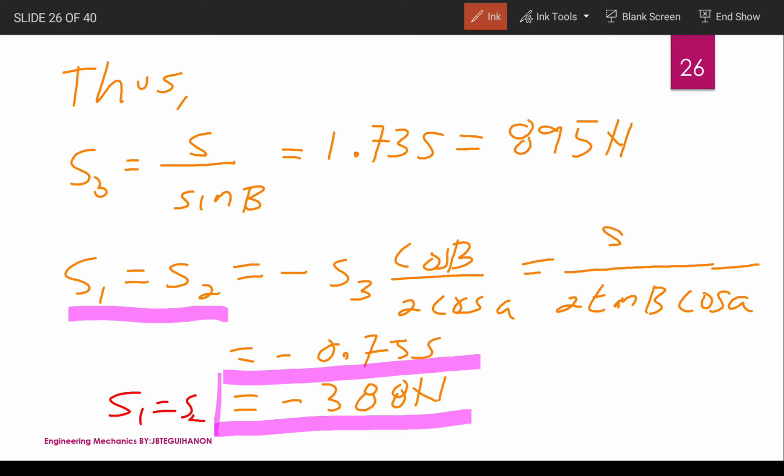So negative means they are on the left side ng ating point of reference.